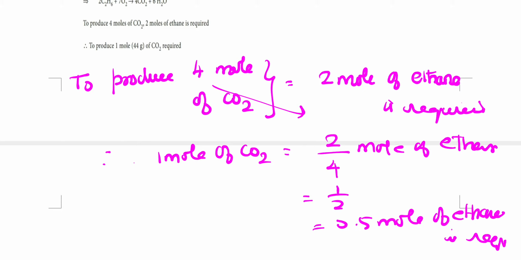Understood? In the balanced equation, to prepare 4 moles of carbon dioxide, how much ethane is needed? 2 moles of ethane. So for 1 mole of carbon dioxide, 2/4 moles of ethane, that is 1/2, that is 0.5 moles of ethane.